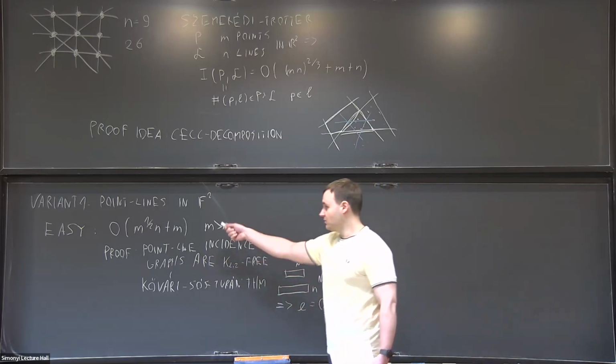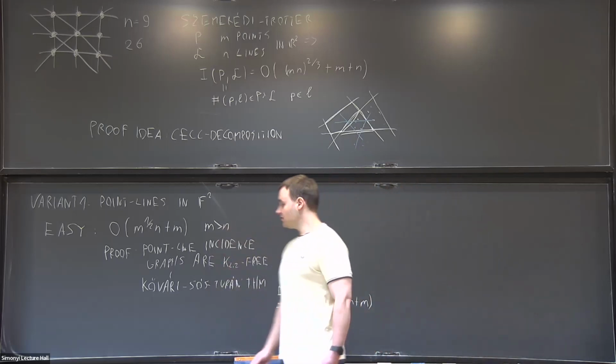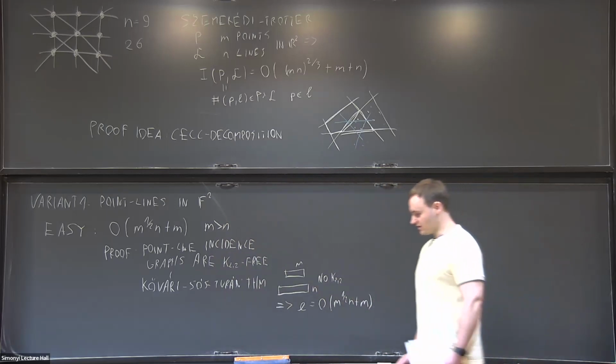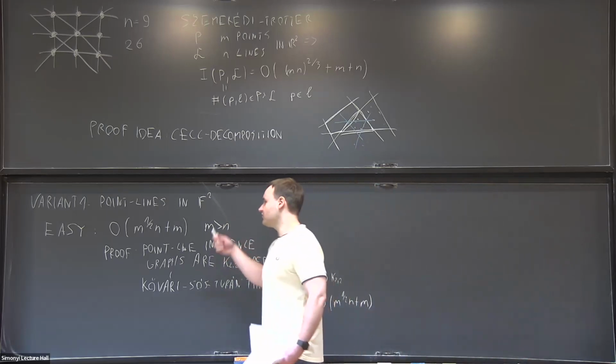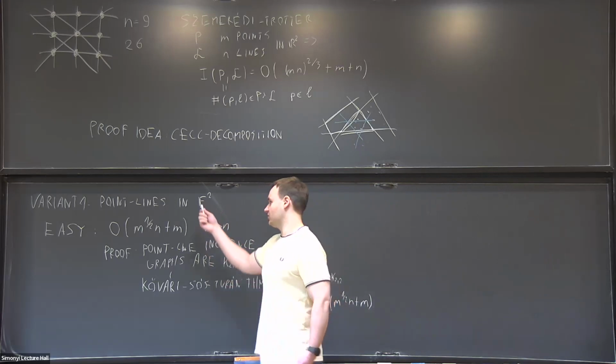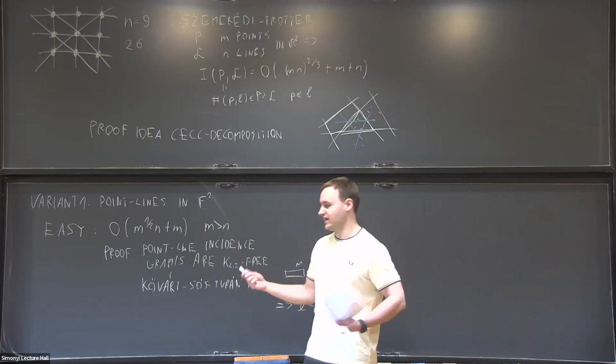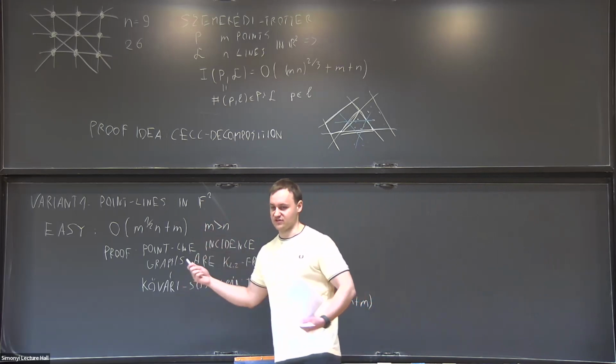But actually, this bound is also sharp. It is sharp in the sense that if I don't have information about the underlying field F or how the field relates to M and N, I cannot prove a better bound.